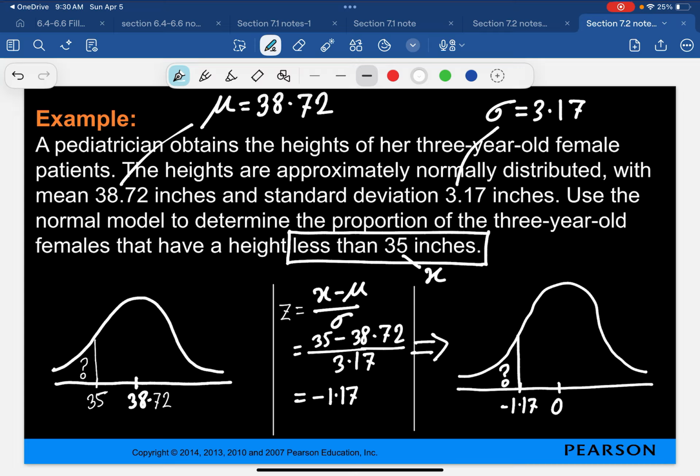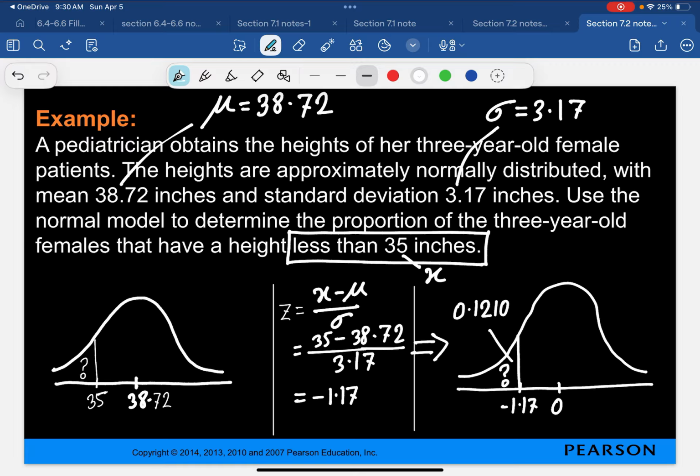So you look at the table. You find z equals negative 1.17 and find the area in the body of the table. If you look at the table, the area you can find is 0.1210, right?